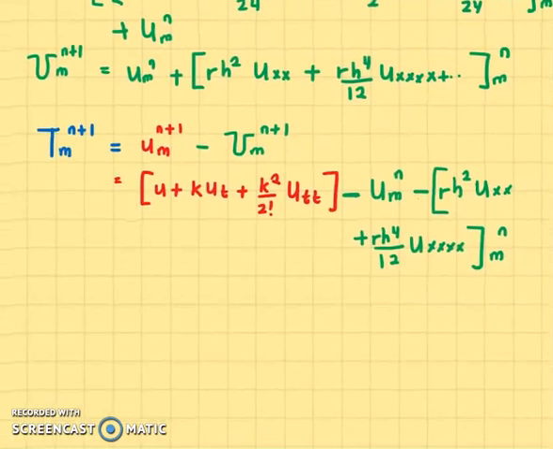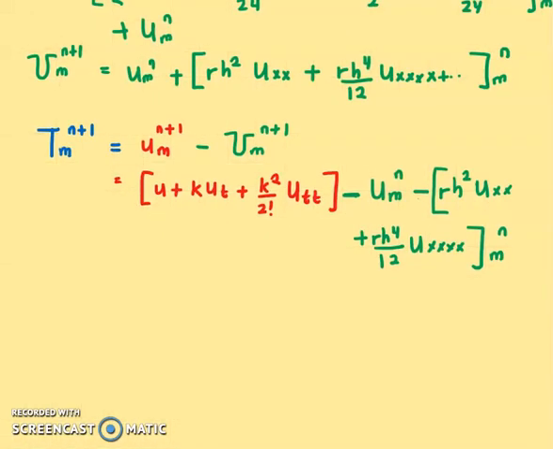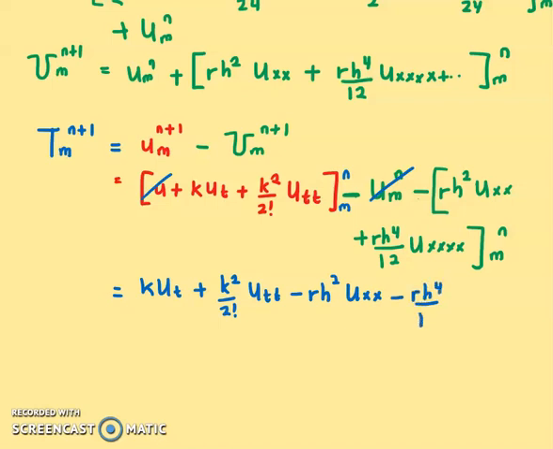Okay, we are almost at the solution now. Now simplifying, let me use the blue color. Obviously here I have m and n. So this term and this term cancel out. I have k u_t plus k squared over 2 factorial u_tt minus r h squared u_xx minus r h to the 4 over 12 u_xxxx, this whole thing at m, n.